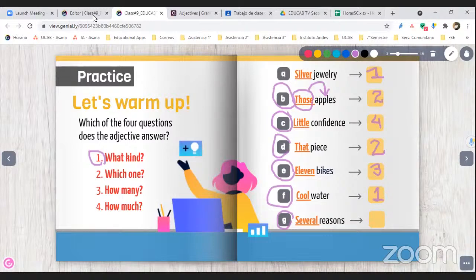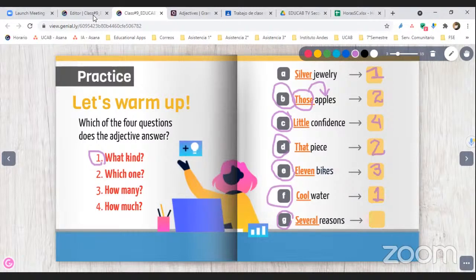Okay, Maria Angel is telling us number 2. Okay, look, good. Let me tell you. Which one is to identify the noun, okay? So several reasons is not actually specifying, it is actually telling you how many reasons there are. So we have a lot of reasons or several reasons.